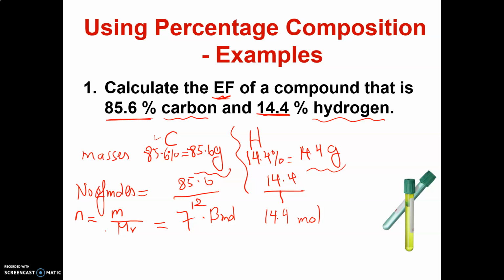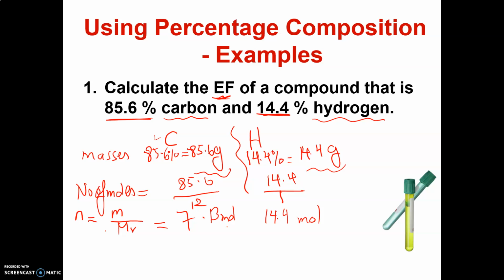Now you have the number of moles. Here you have 7.13 and here you have 14.4. Still, it's not finished. We haven't seen in any compound the numbers of the elements in percent or in decimal. So the next step, divide by the smallest number of moles.